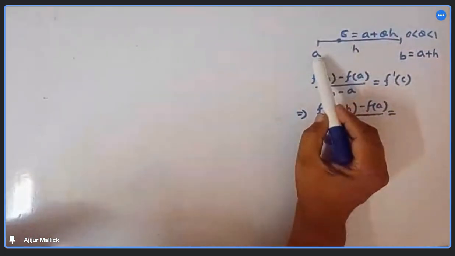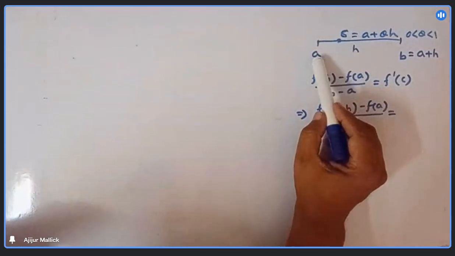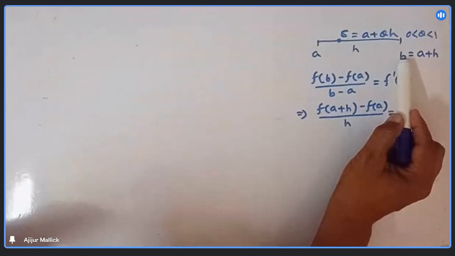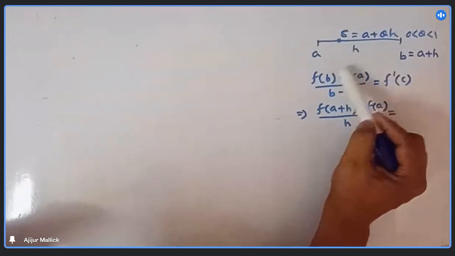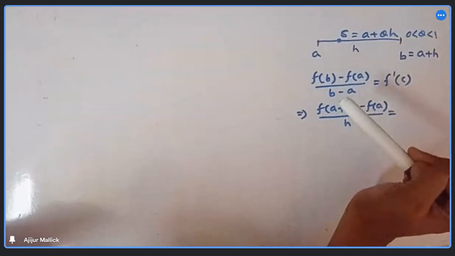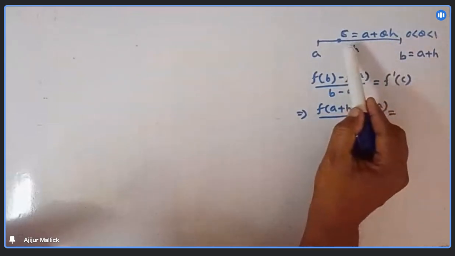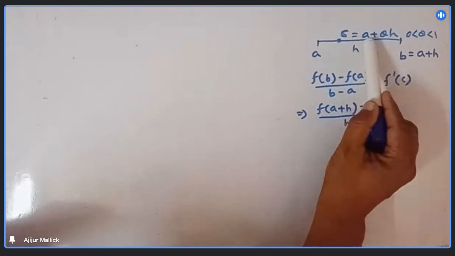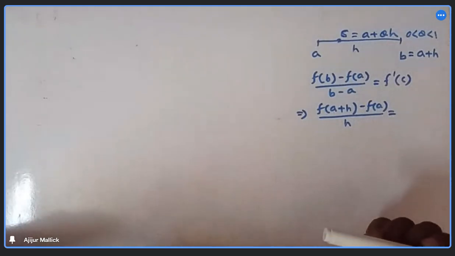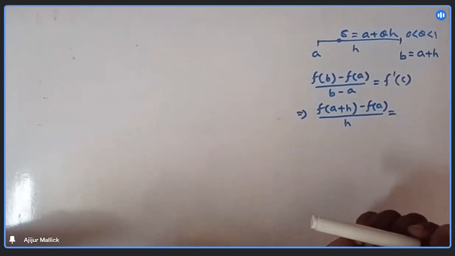So for theta equal to 0, c is here. For theta equal to 1, c is here. Since c is not a or b, theta is not 0 or 1. So I can express c in this way: c is equal to a plus theta h. Any problem here?